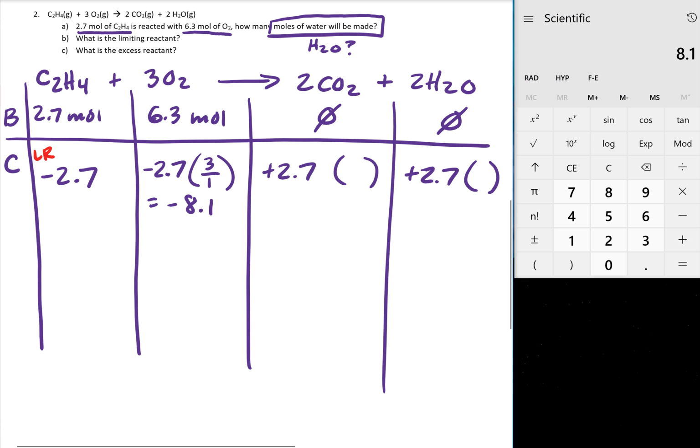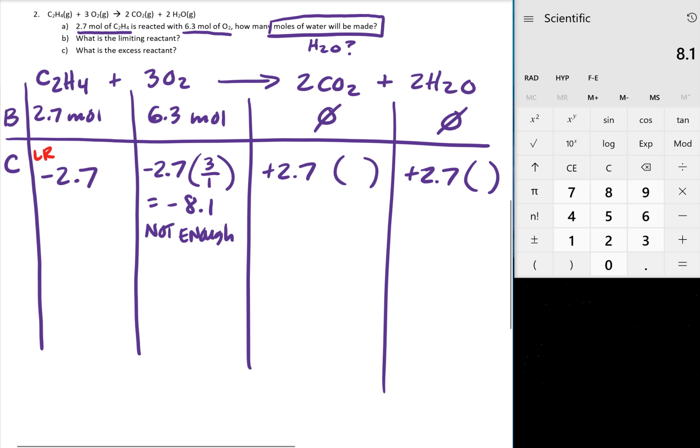And you pause, and you evaluate if you have enough oxygen gas. There are only 6.3 moles of oxygen before the reaction, yet our change says 8.1. We don't have enough oxygen to complete the reaction in this manner.